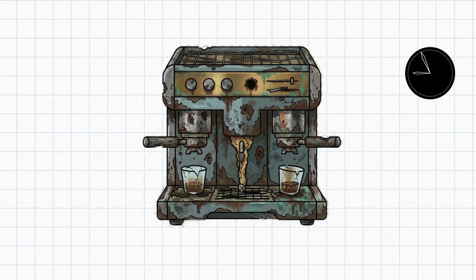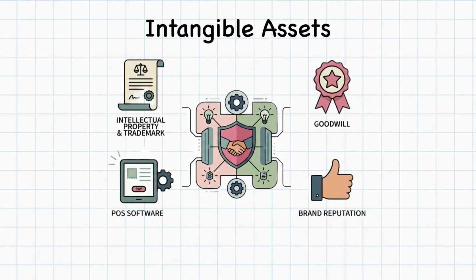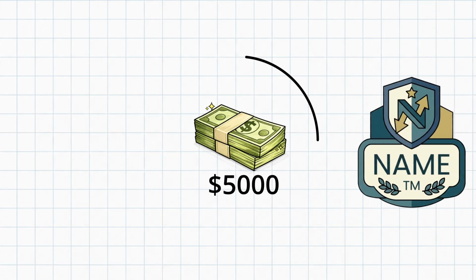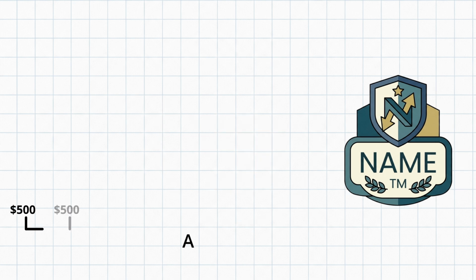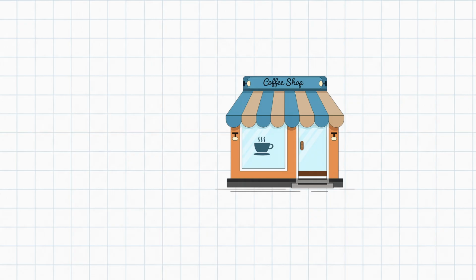It takes a beating and loses a little bit of value every single month. We have to account for that physical wear and tear as an expense. Amortization is the exact same concept, but applied to invisible, intangible assets. If you paid $5,000 upfront for the trademark rights to your coffee shop's name, spreading that cost out over time is amortization. For our independent coffee shop, we are mostly dealing with physical gear.